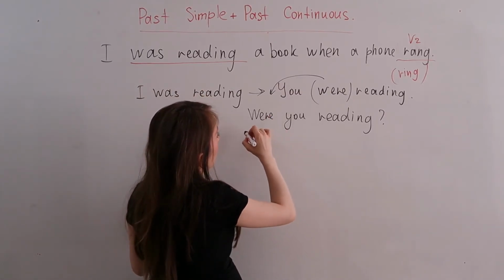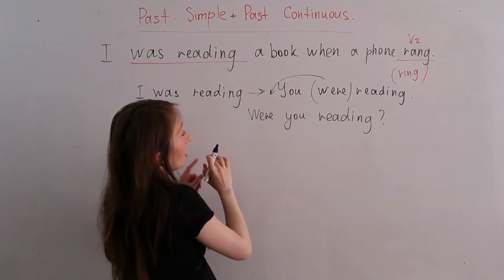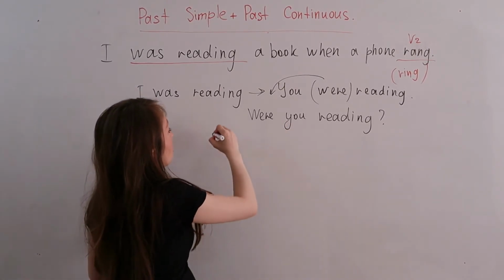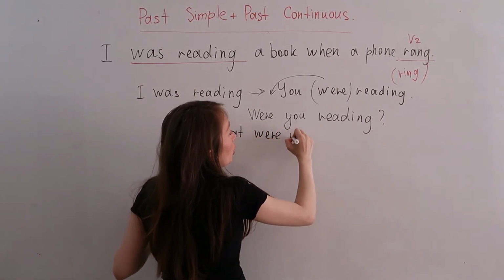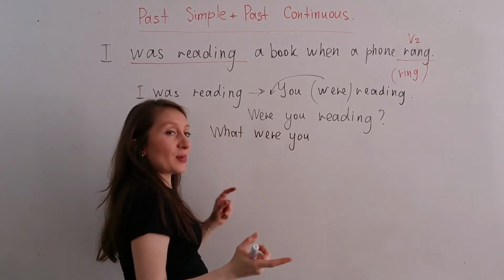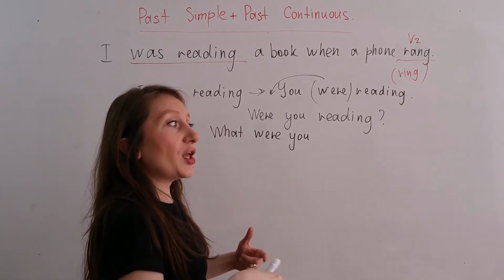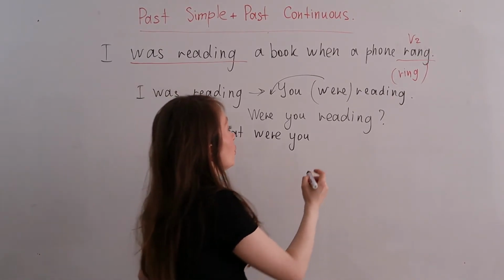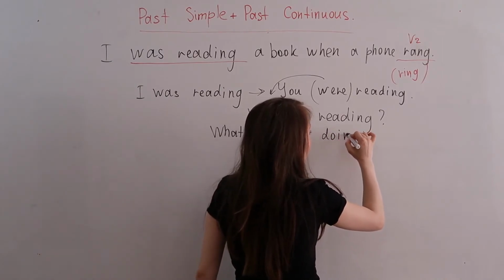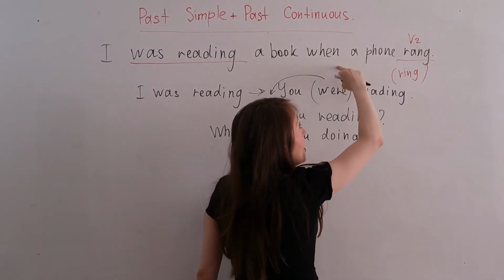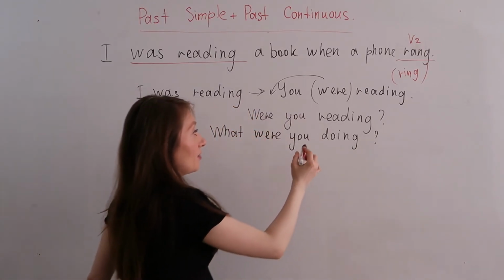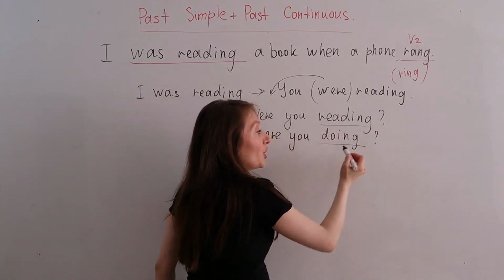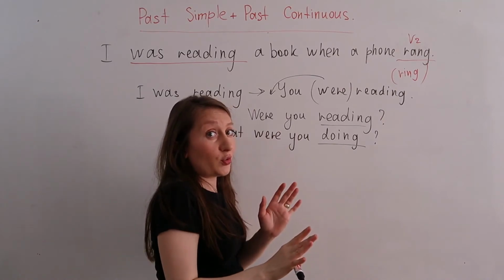Were you doing? Now this is general question. Now we will make a special question. What were you reading? Or let's make it with the verb doing. I'm asking, what were you doing? Right? When a phone rang. So instead of reading, I use doing because I don't know what he was doing.